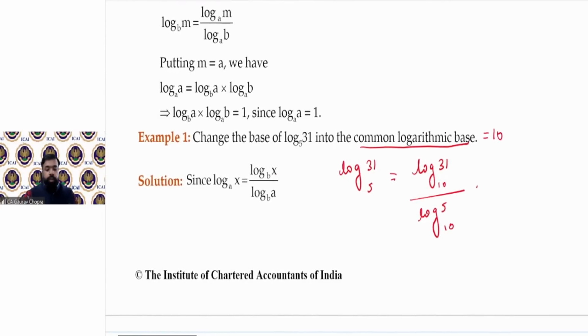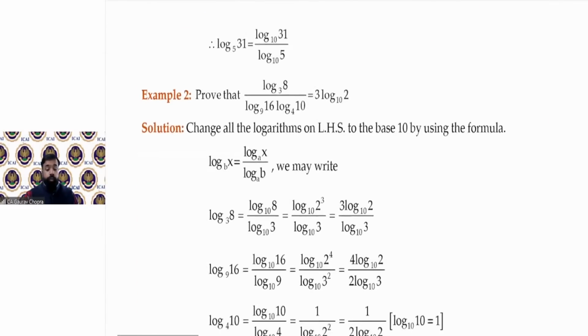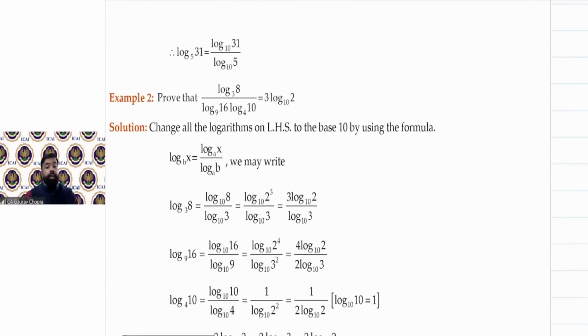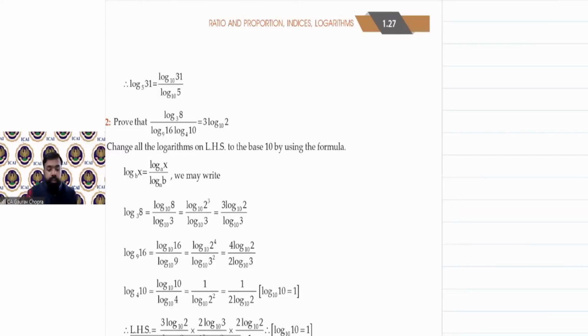Then comes the next one. Okay, so log of 8 base 3 divided by log of 16 base 9 and log of 10 base 4. This we have to simplify. Now, how do we simplify? So let us understand this step by step.